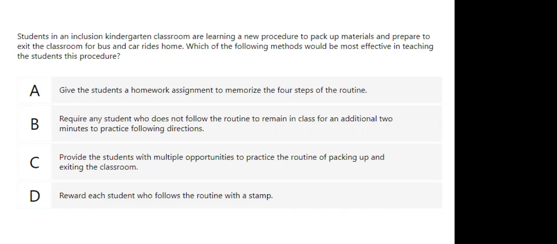So what do you think would be an effective way to teach the students what your expectation is for them when it's time to pack up and prepare to exit?